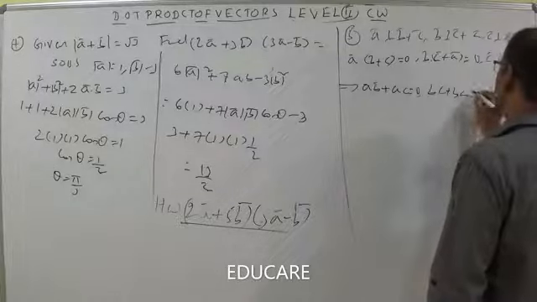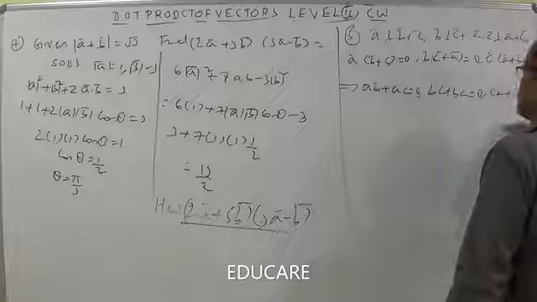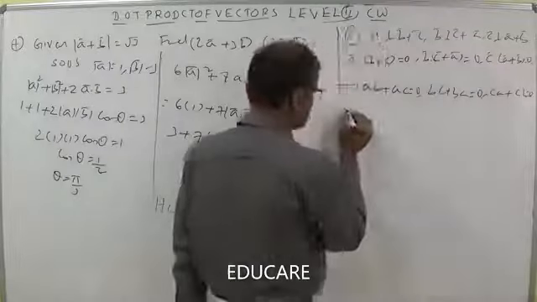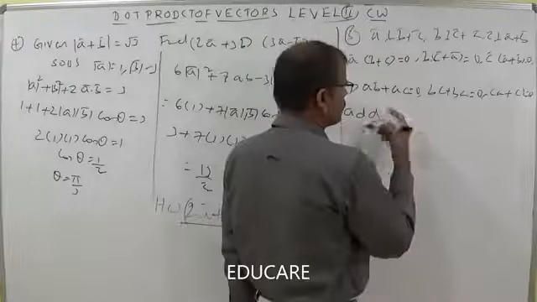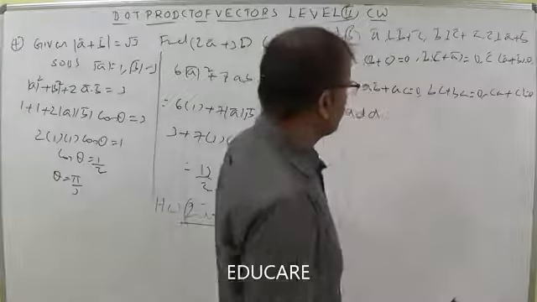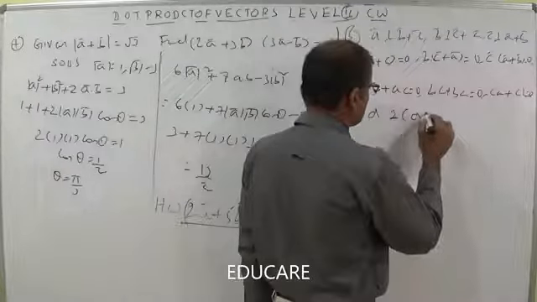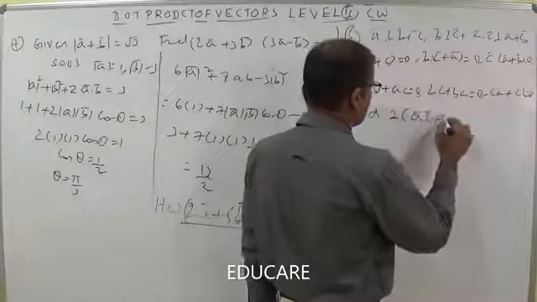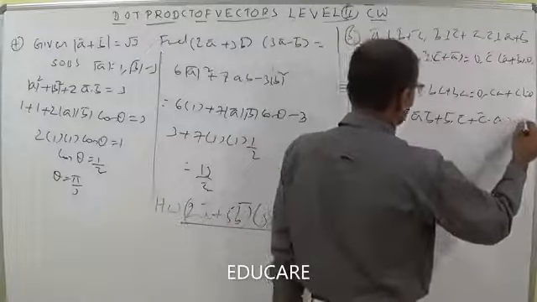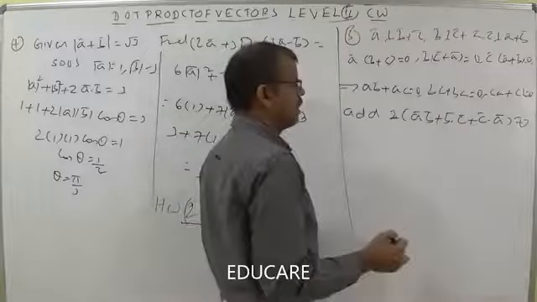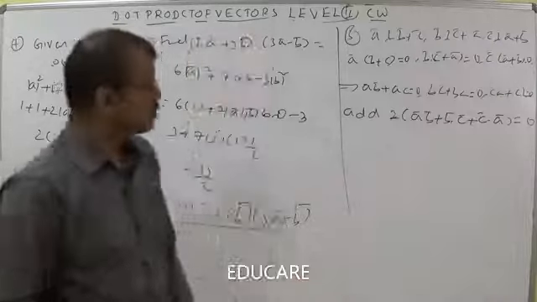BC plus BA equal to 0, CA plus CB equal to 0. If you add all these things, you can get 2AB, 2BC, 2CA like that. Then you can write here 2 into a bar dot b bar plus b bar dot c bar plus c bar dot a bar equal to 0.